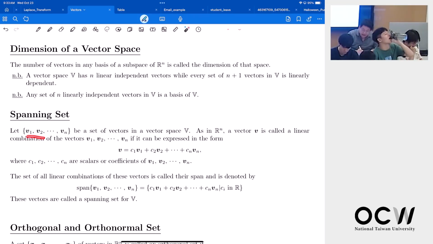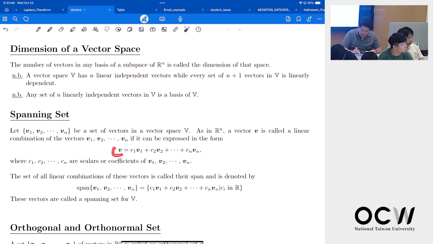I have n vectors, and these n vectors are just a set of vectors in the vector space V. We say a vector V is a linear combination of the vectors from V1 to Vn.